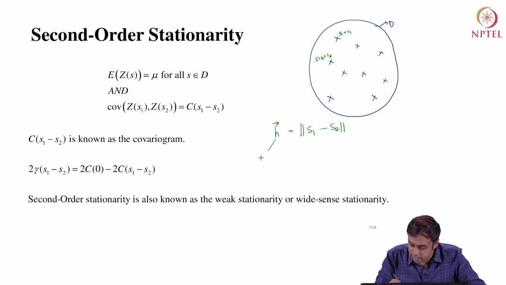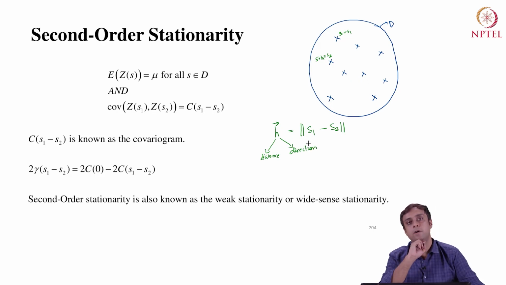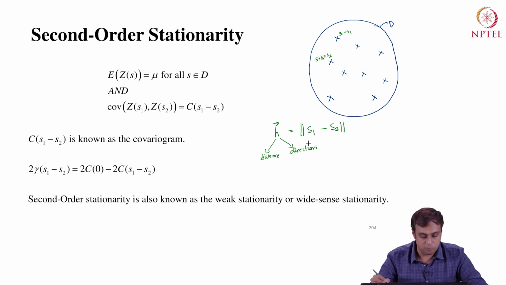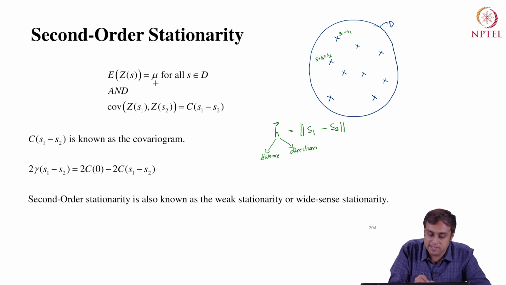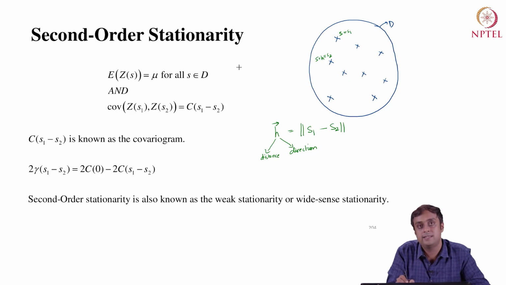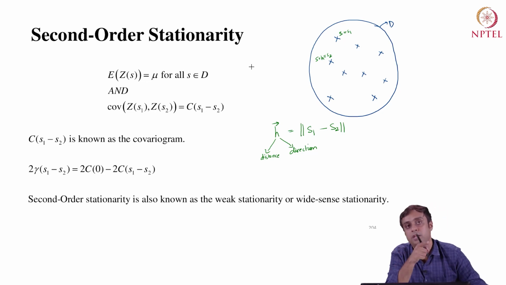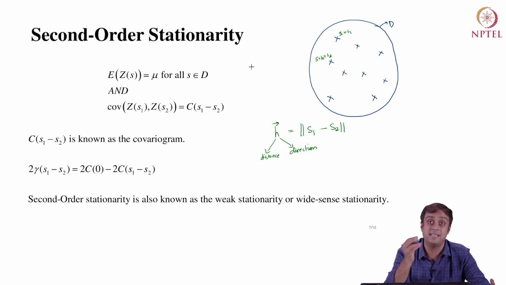So, h again captures both distance and direction. Okay. Now, the first condition for second order stationarity is that expectation of Z(s) is equal to a constant for all s in domain D. This is very similar to the first moment property of intrinsic stationarity. This is exactly the same, by the way.